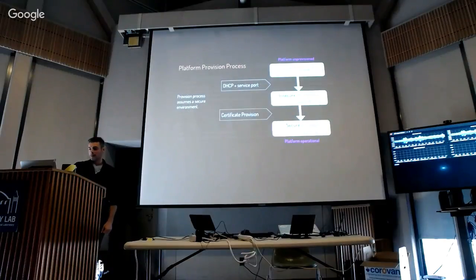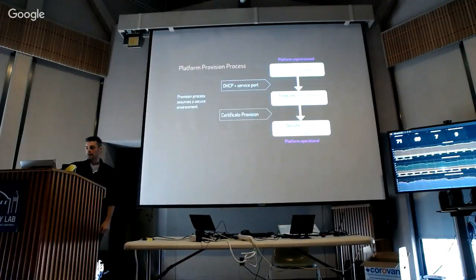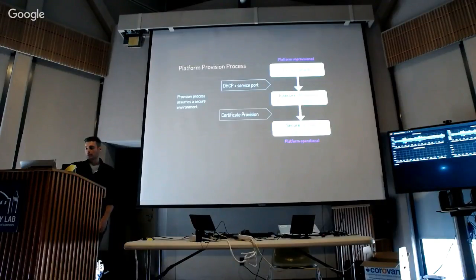And once that happens, once the service realizes, hey, I have certificates, it should restart the service with gNMI and gNOI in secure mode using those certificates that were provisioned. And that's it. We have a platform that has gNMI working, and it's operational, ready to be provisioned, ready to be configured, ready to be operated. So this is the end goal. This is where we should be aiming to get to, to deploy 1,000 platforms if we need to.